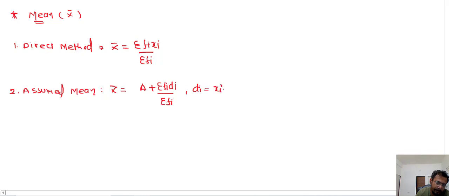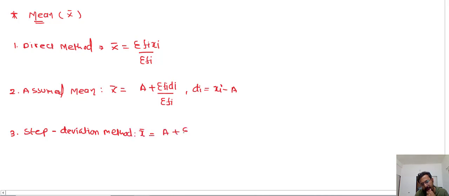And that is a plus sigma f_i u_i upon sigma f_i into h, where u_i is equal to d_i by h. You can further write x_i minus a by h. Just keep these three formulas whenever you want to find the mean. You can use any method if none is mentioned.